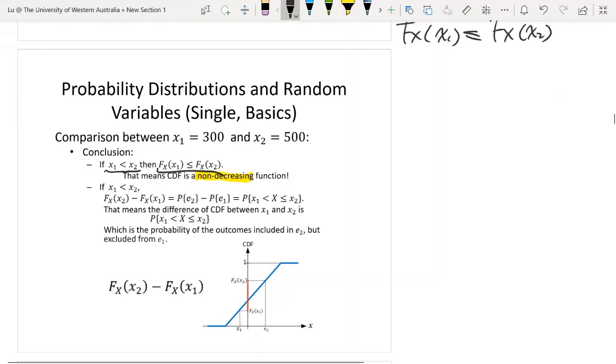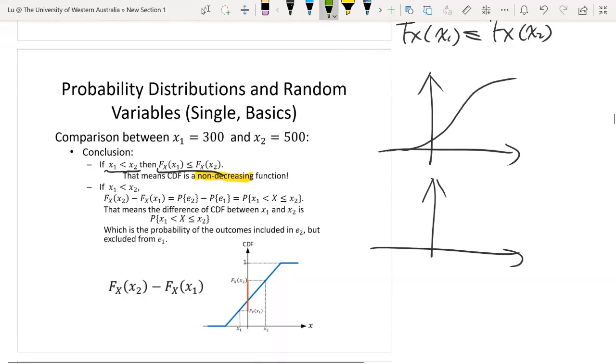You may say one day, okay, I got my CDF function, it looks like this one. Okay, I suppose this is right. If you say my CDF function has a shape that looks like this, it should be okay as well, because it's just going up or remaining the same at some steps.